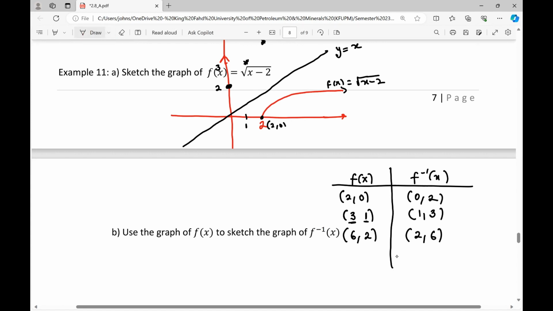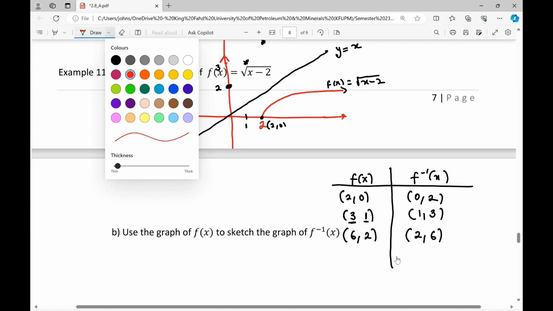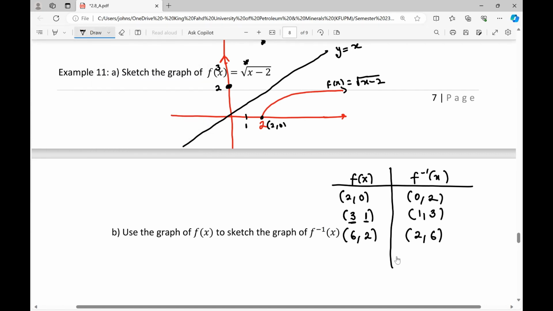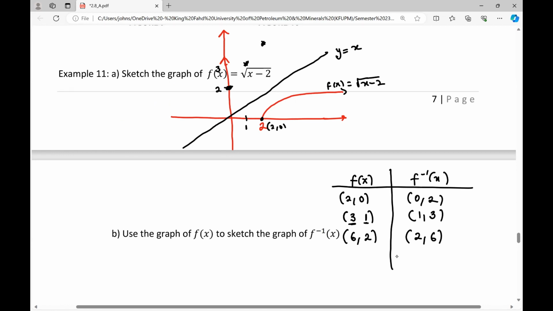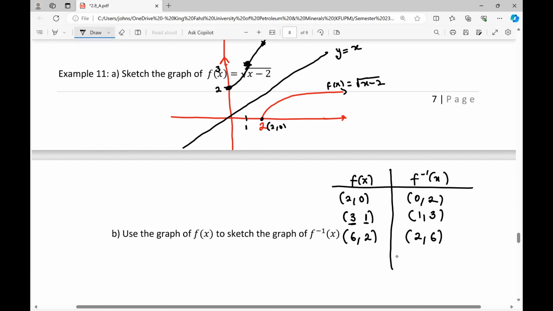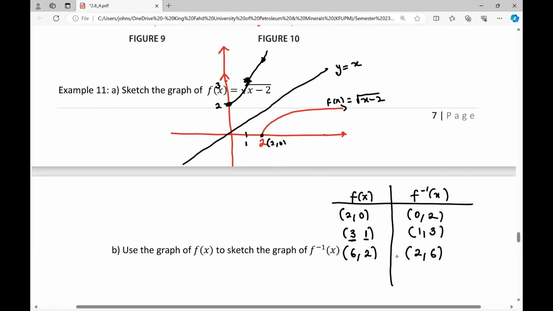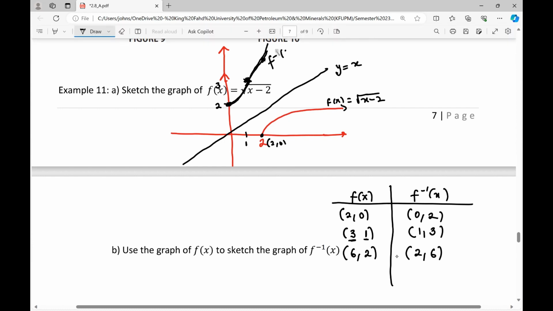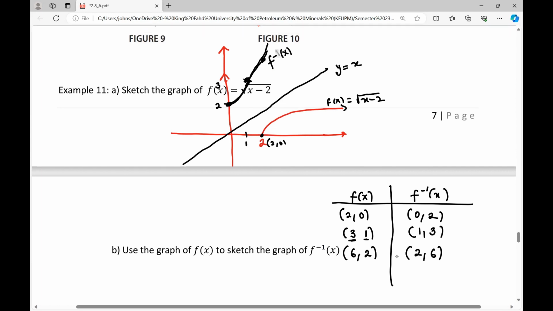All we need to do is to just join the points. So for F inverse, we can just join this point here. So this is a rough sketch of how the inverse looks like. It will just move like this and keep going up. So it's a curve. So this is the F inverse of x. All right.